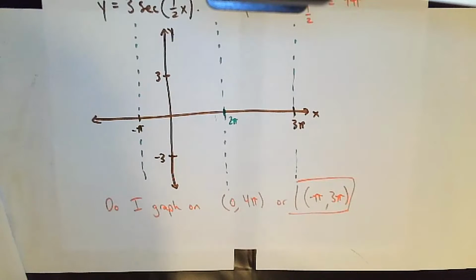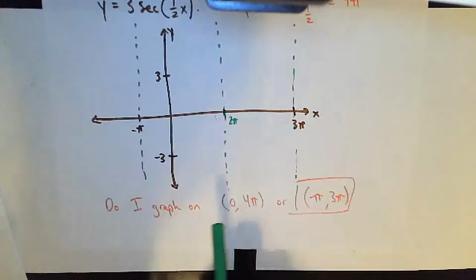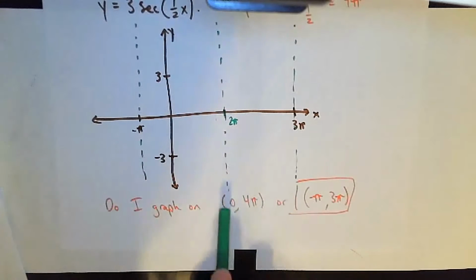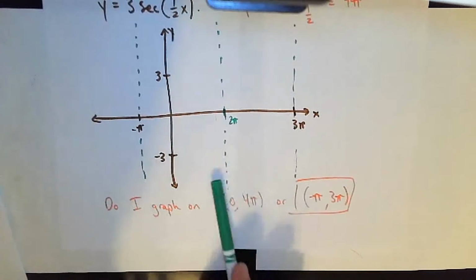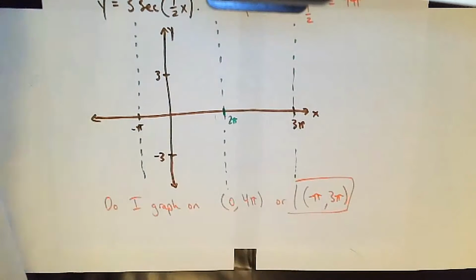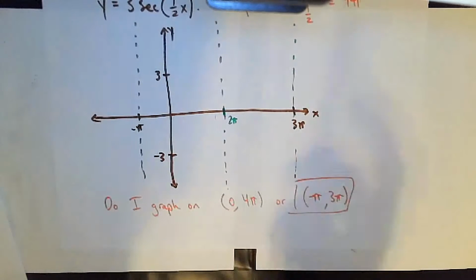Wait. No, it's not. Oh my god, I just messed this up. It's not going to be 2 pi. It's going to be pi, right? Because I'm not going from 0 to 4 pi. If I was going from 0 to 4 pi, then the central one would be 2 pi.